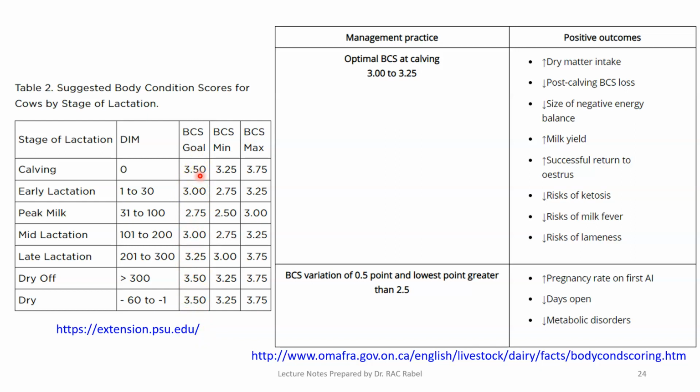I might ask you, what is the lowest body condition score you can expect during peak milk production, and so on. So you have to have an idea: when do they regain the 3.5 or 3.25 back, when do they have the lowest body condition score, what is the best time period for regaining lost body condition score, and so forth.